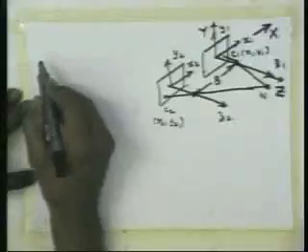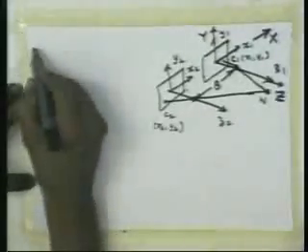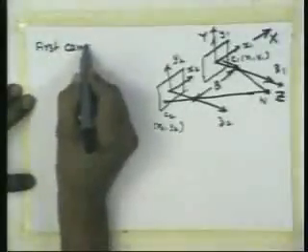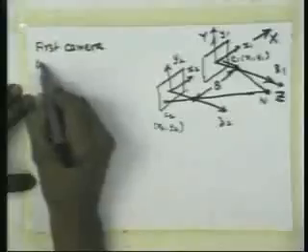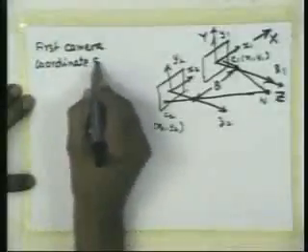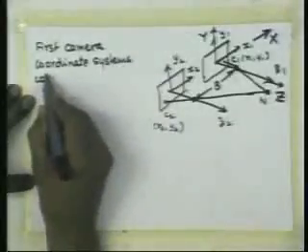For the first camera, the two coordinate systems are coincidental.